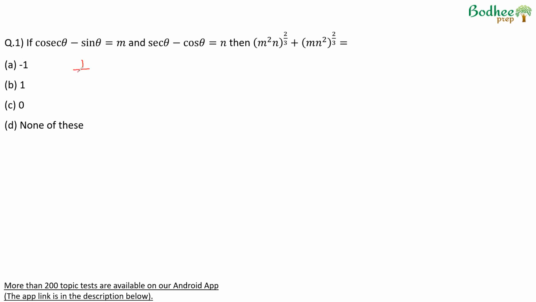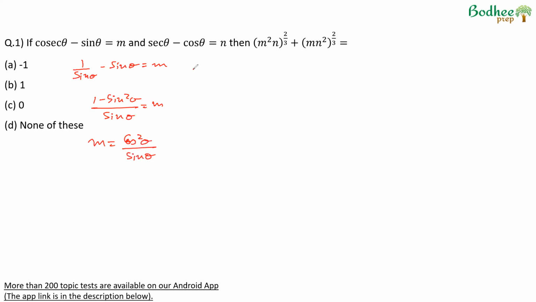Now cosec theta can be written as 1 upon sin theta, minus sin theta is m, and therefore this becomes 1 minus sin square theta upon sin theta, which means m becomes cos square theta upon sin theta.